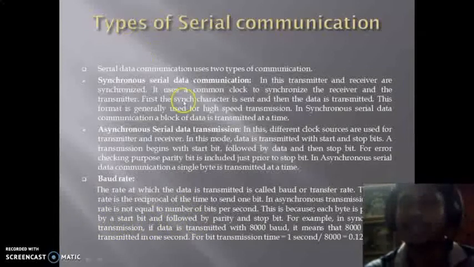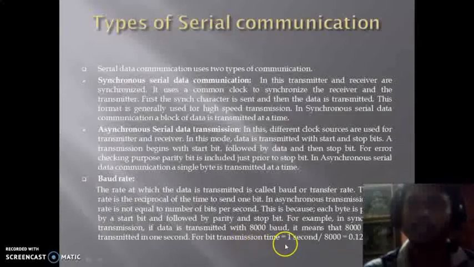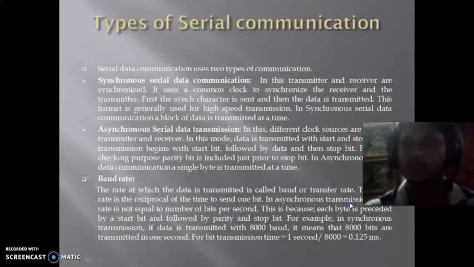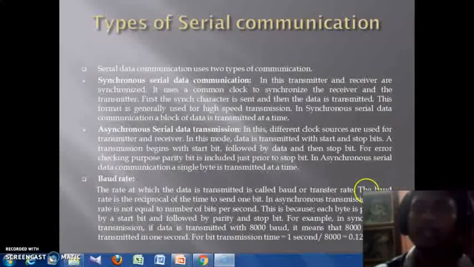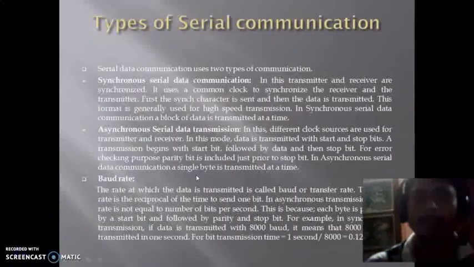For example, if data is transmitted at 8000 baud, it means that 8000 bits are transmitted in 1 second. So the time for one bit is 1 second divided by 8000, which is 0.125 milliseconds. So this covers synchronous and asynchronous serial communication and the baud rate.